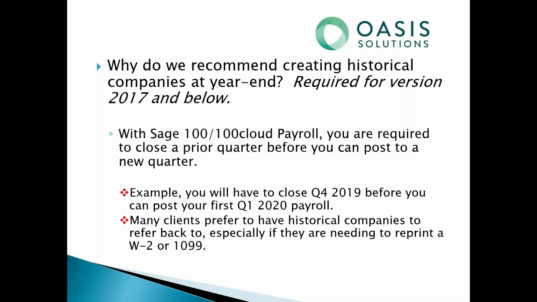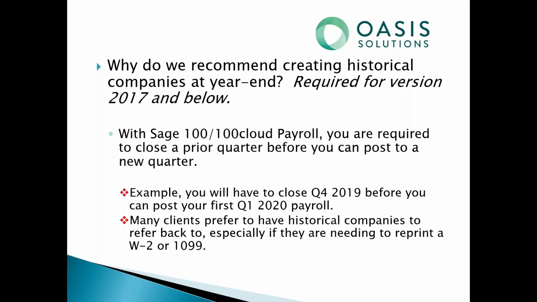as you know, with payroll, you have a quarter-end processing, and you have to close a quarter before you can process for the next quarter. The same is applicable at the end of the year. So you literally have to close out 2019 before you can process your first payroll of 2020.